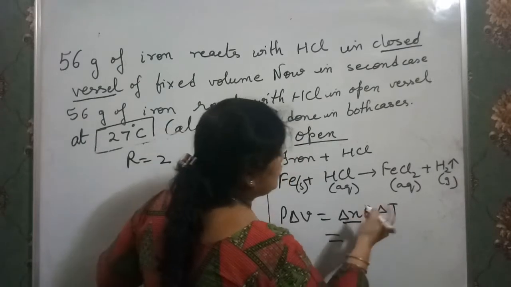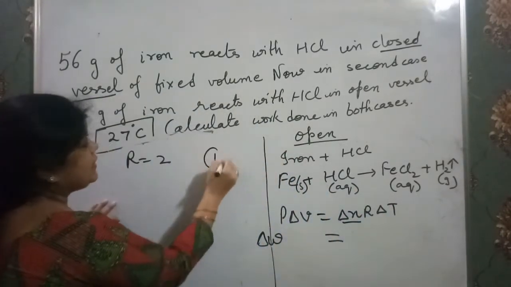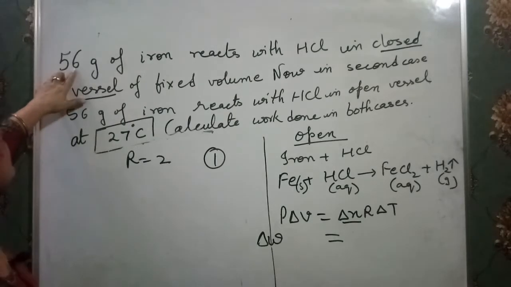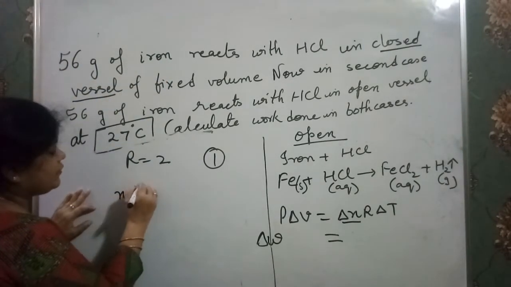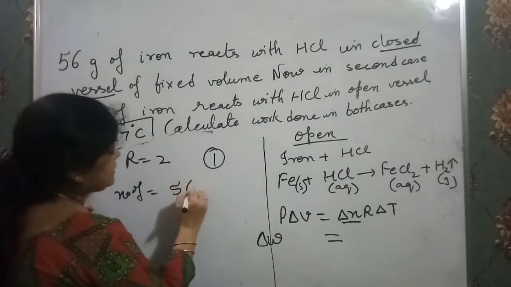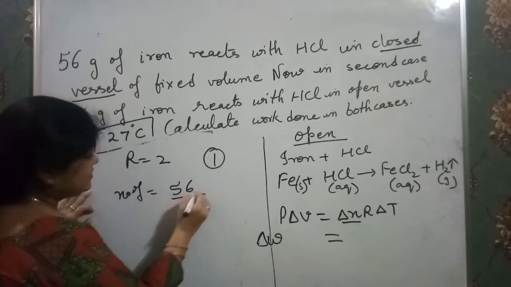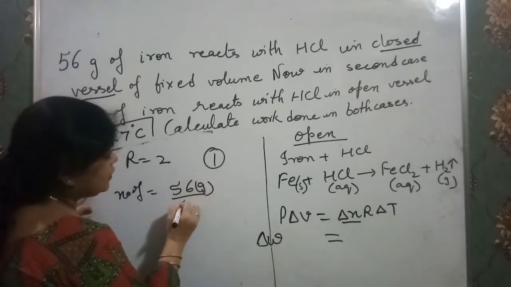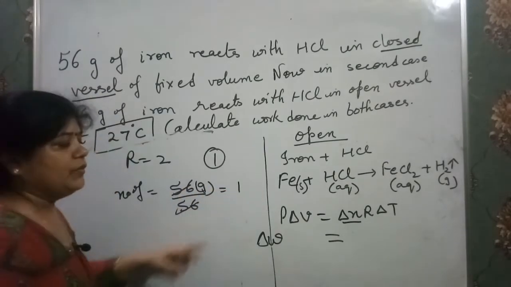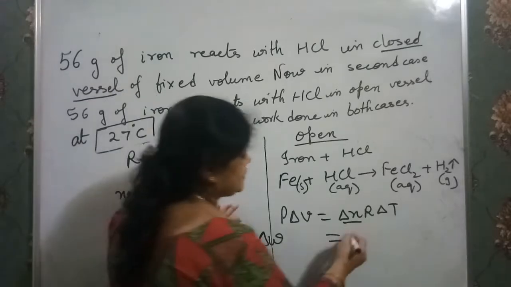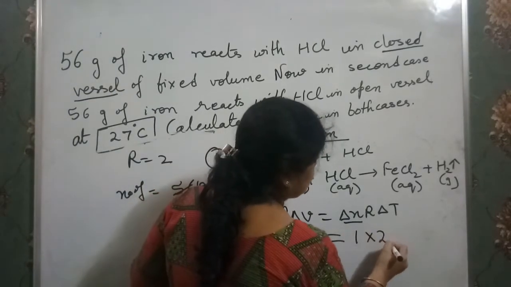So the number of moles here is 1. How is it 1? It is 56 gram of iron, and the molar mass of iron is also 56 gram. So the number of moles is equal to 1. For R we have the value 2.